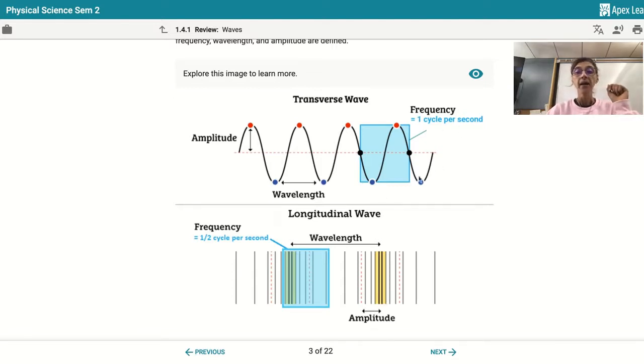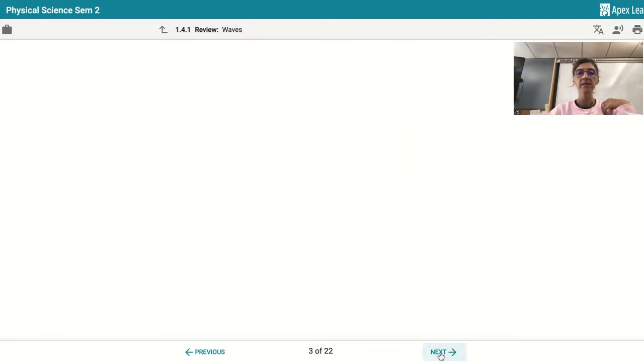The wavelength is the distance between two crests or two troughs. And the frequency is how many waves will pass by a point in 1 second. So, those are some characteristics of waves.